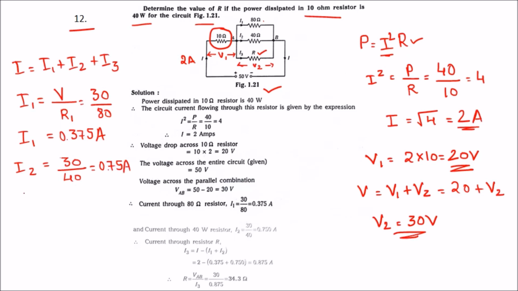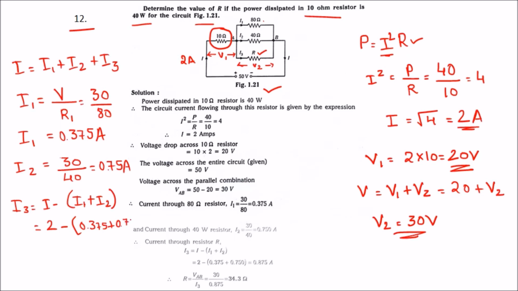Now let us calculate I3. I3 is nothing but I minus (I1 plus I2). So I is 2 and the total of I1 and I2 is 0.375 plus 0.75.